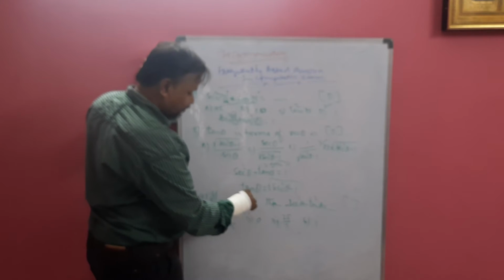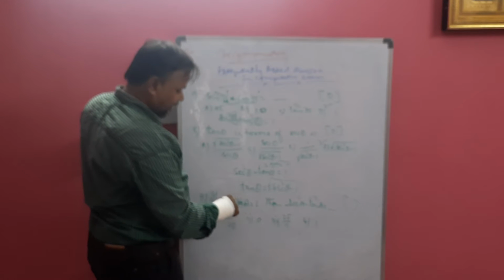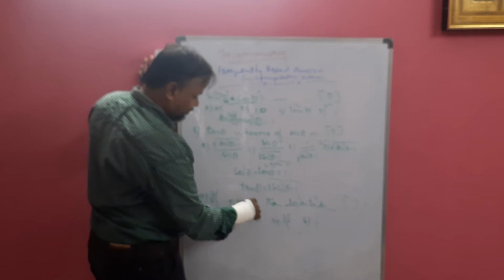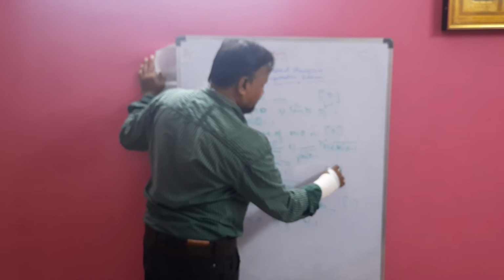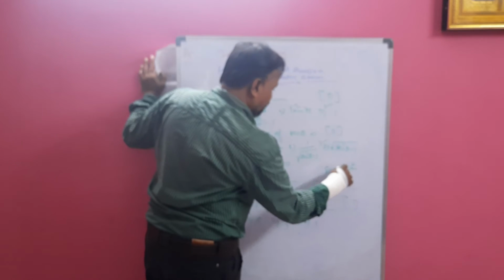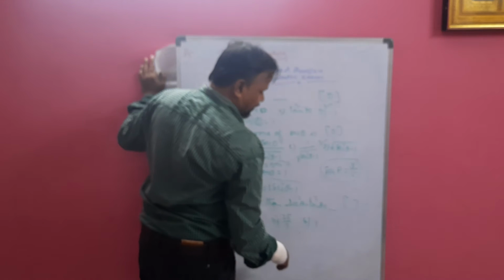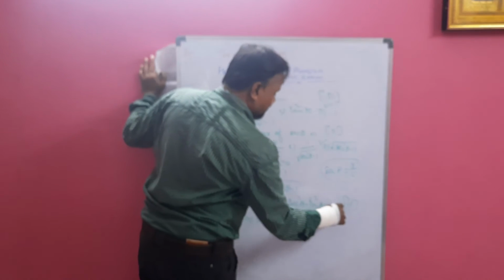Whatever value you substitute, for example sin A is 3 by 5, you will get the value 1. So just seeing this identity, we can write that the fourth option is the answer.